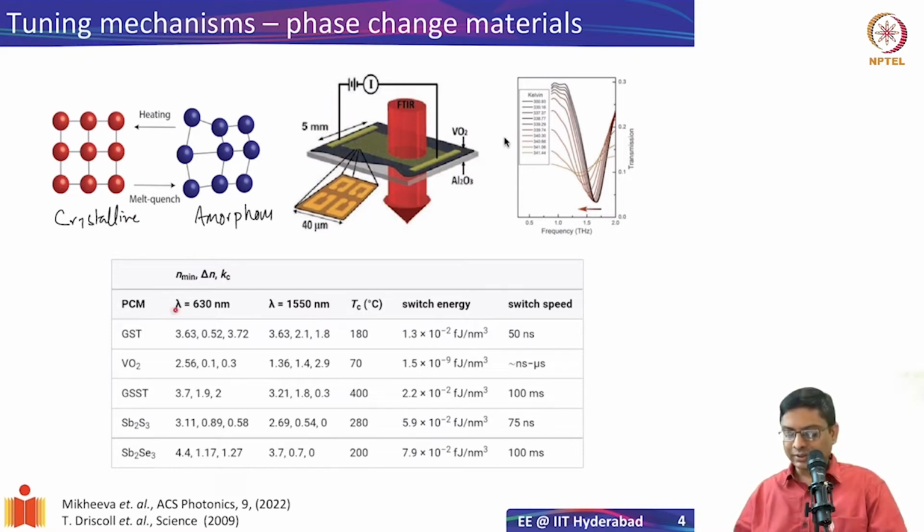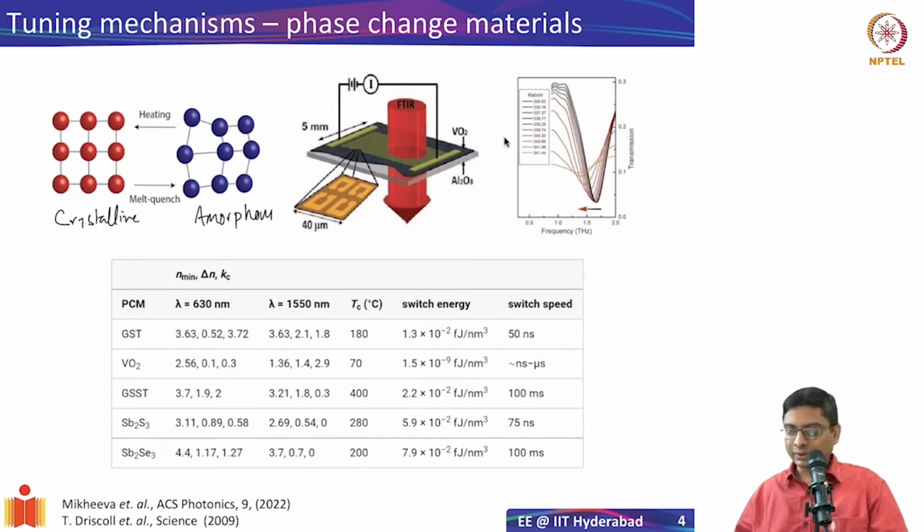So at a visible wavelength of 630 nanometers and at 1500 nanometers, you see that the first number here is the minimum refractive index. So let's say for vanadium dioxide it is 2.56, and then followed by we have a delta n, which is a change in the refractive index from amorphous to crystalline form, and you see that there is a 0.1 refractive index change, and the k value also is given to us.